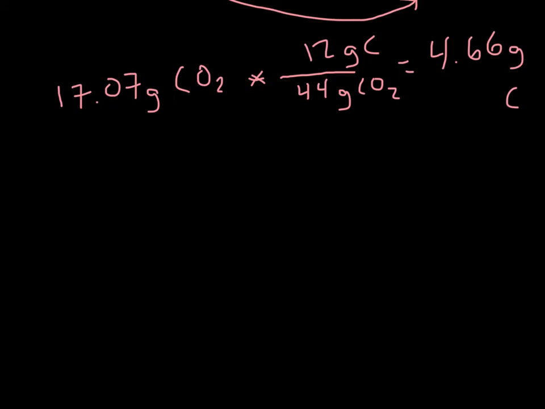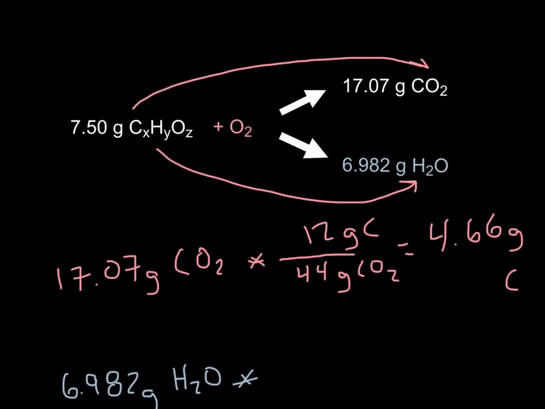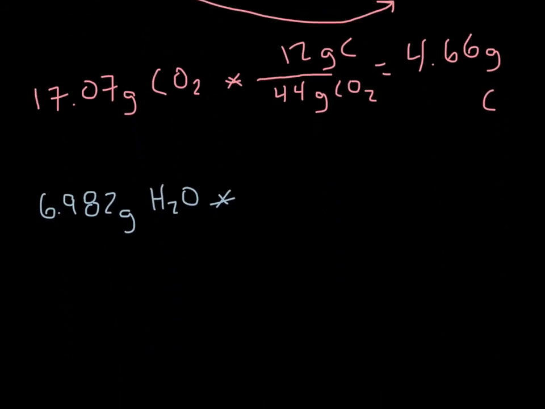Similarly, we can look at the 6.982 grams of water. And again, with the water, all of the hydrogen in the water came from my compound. Now you might be wondering why we're ignoring oxygen. If I look back up here, you're actually adding excess oxygen during the combustion, so we're not going to use oxygen here.